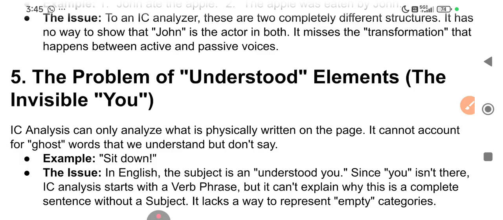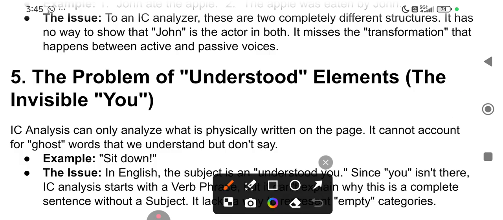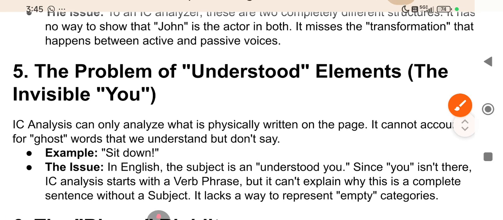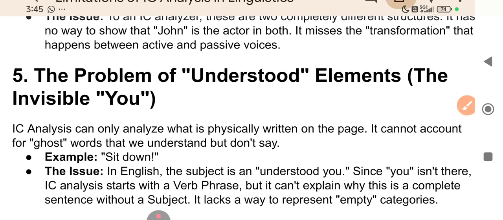That's also subject verb object, but the structure is completely different, and it has no way to show that John is the actor in both. It misses the transformation that happens between active and passive voice.